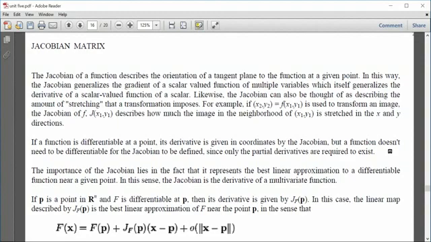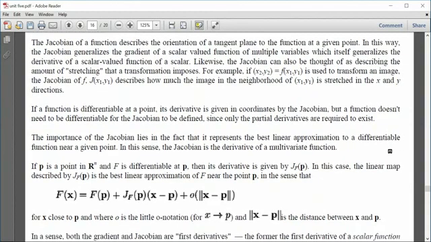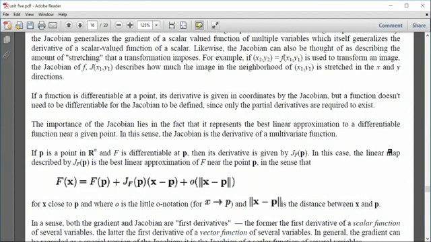So in this way, the Jacobian generalizes the gradient of a scalar-valued function of multiple variables, which itself generalizes the derivative of a scalar-valued function of a scalar. Likewise, the Jacobian can be thought of as describing the amount of stretching that a transformation imposes.